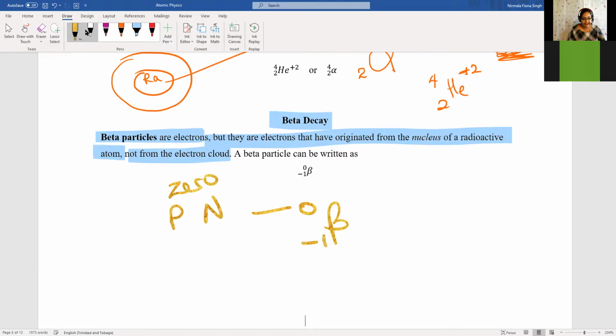But what it has here is a particle that has a -1 charge. It's the opposite of a proton. Remember, a proton is positively charged. Your beta particle has a -1 charge. That -1 charge we will use in mathematics coming down to work out and balance our equations.